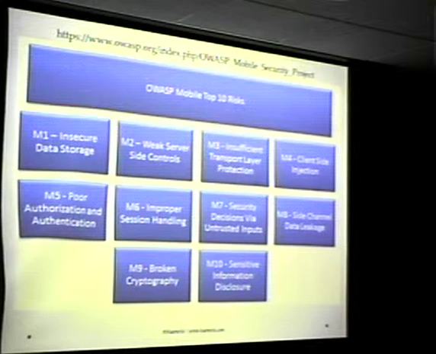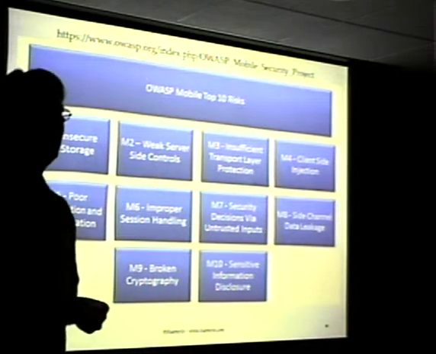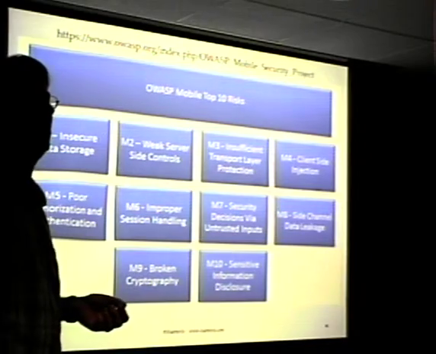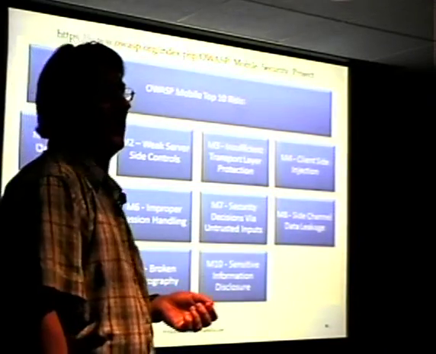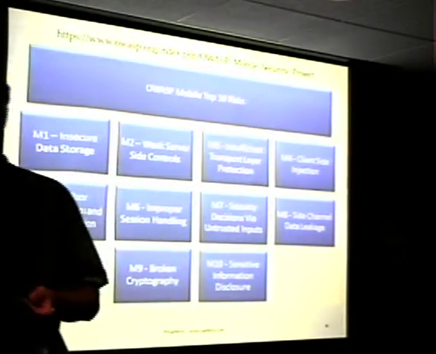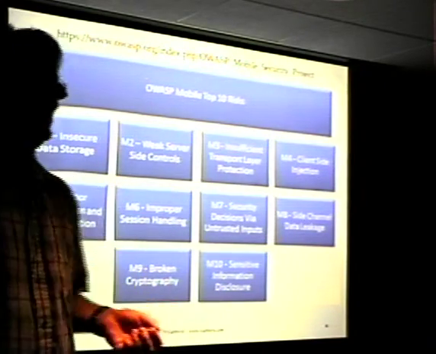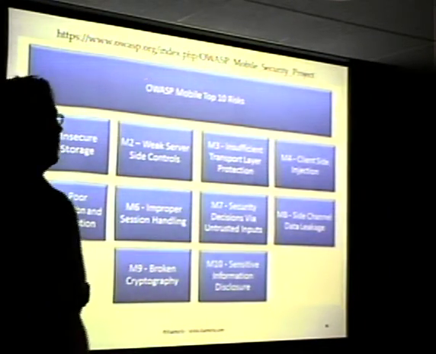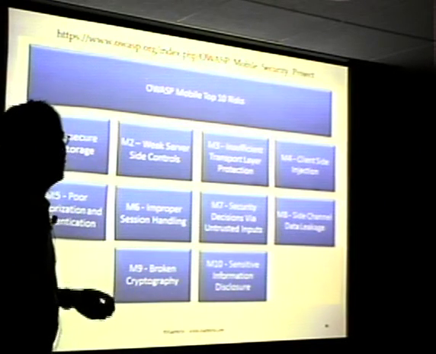Mobile applications are also at risk. A lot of mobile applications are being written by web developers who forget that the user is in control of that device. If I'm in control of it, I have access to its memory. I can see everything that's going on. OWASP is building what they're calling the top 10 mobile risks.